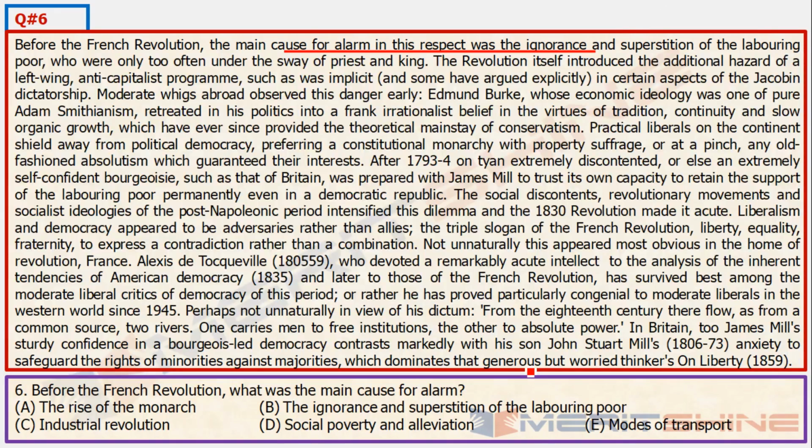So if you could have done it so easily, you have no reason to panic in the actual exam. So what is the main cause of alarm? Before the French Revolution, the main cause of alarm was ignorance and superstition, and that is option B. Clearly the reference point states the answer, and that's there in your options.